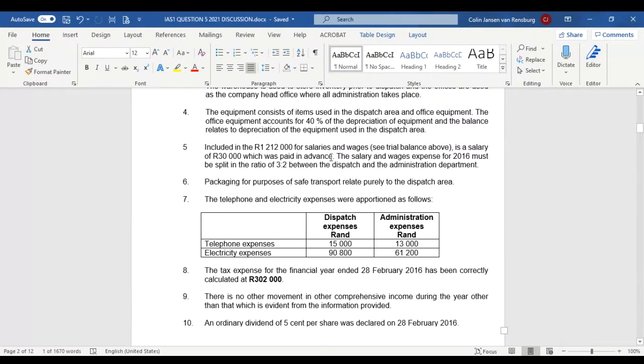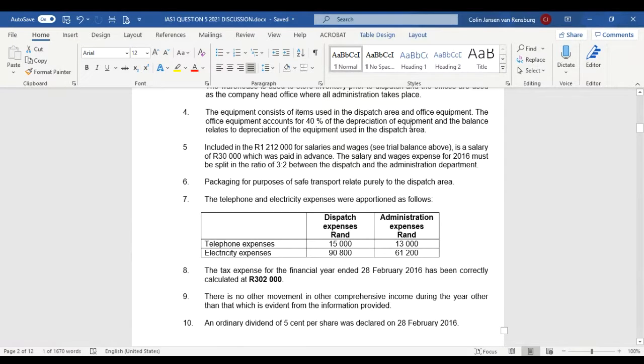Okay. Anyway, that doesn't answer your question yet, Gloria. So what they are saying there is the office equipment accounts for 40% of the depreciation. So we'll have to look at our total depreciation of equipment. We'll do that later, don't worry.